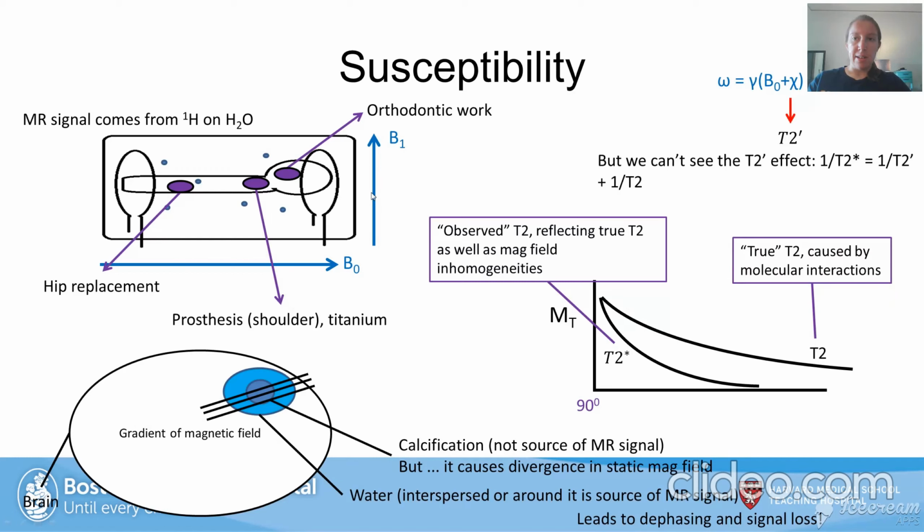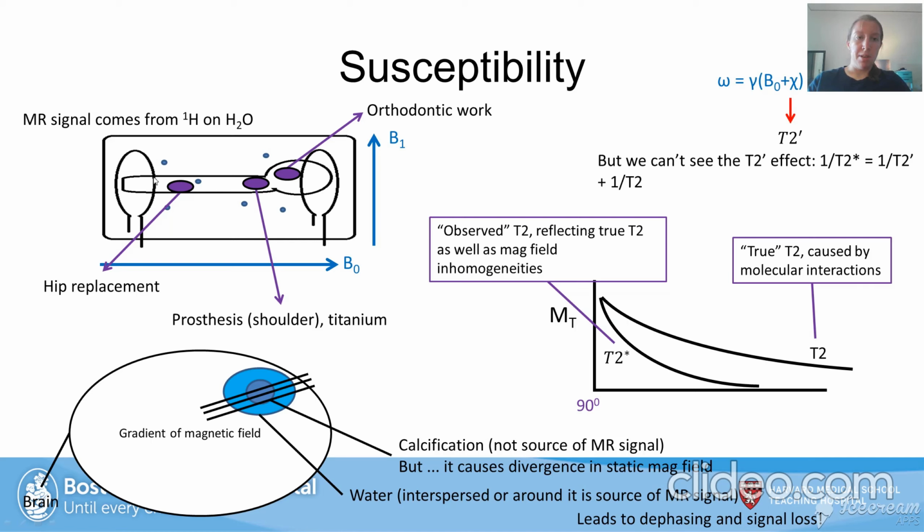So just to give you an idea of what happens in the image when there's a susceptibility, some of the physics. When we place the patient in the scanner, we know that the MR signal is coming from the hydrogen proton in water.